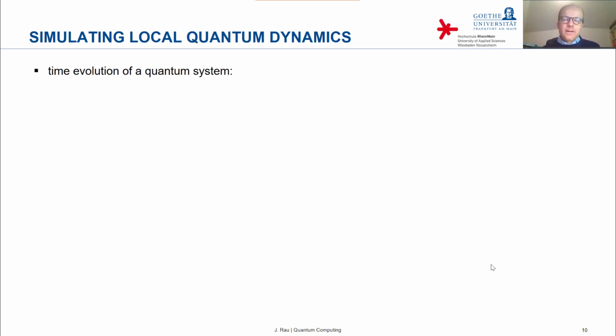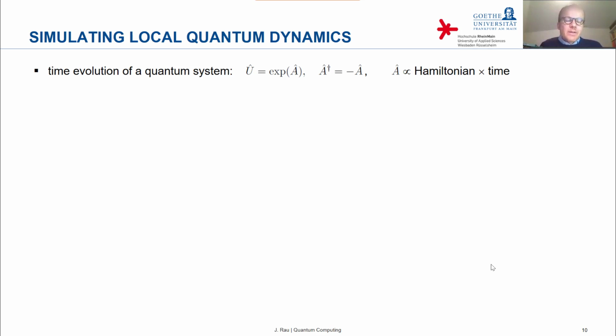Quite generally, you all know that the time evolution of a quantum system is described by a unitary operator. Every unitary operator can be written as the exponential of an anti-Hermitian operator, which I called A here.